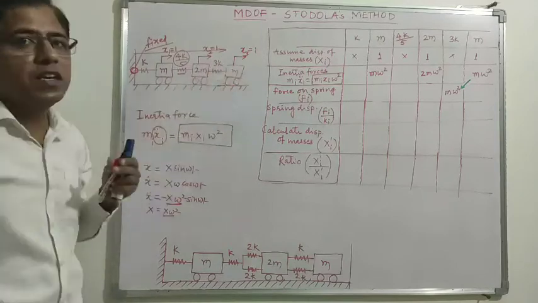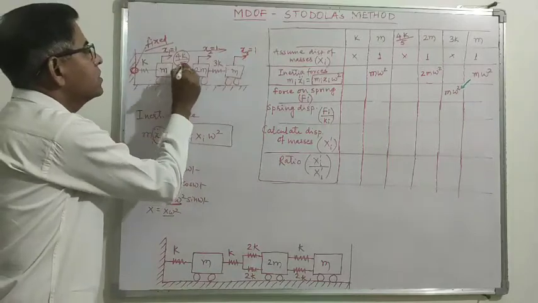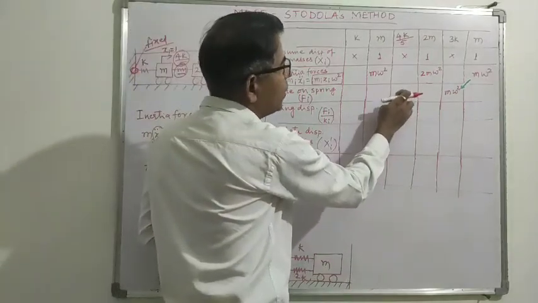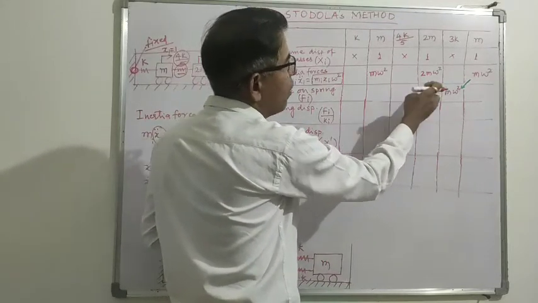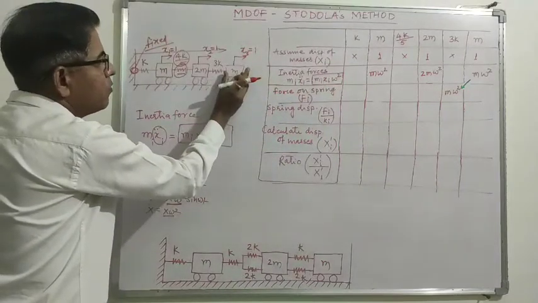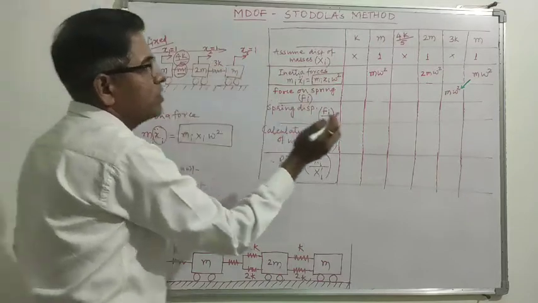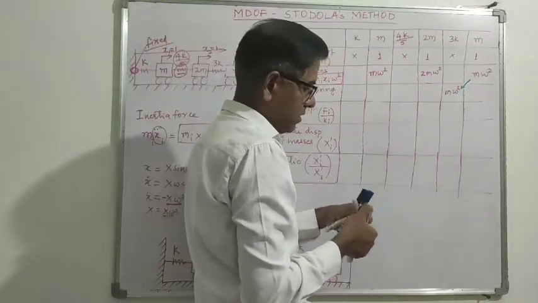So both the inertia forces will be acting on this second spring. What is to be written here will be the summation of the inertia force acting at mass m and the inertia force acting at mass 2, which is nothing but these two.